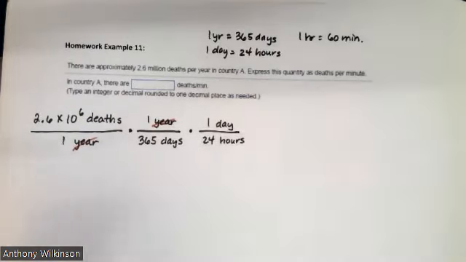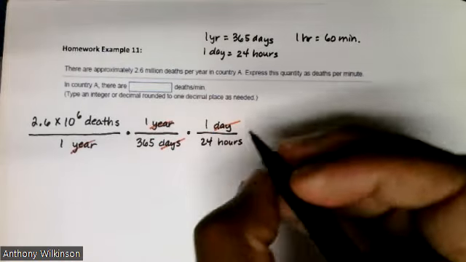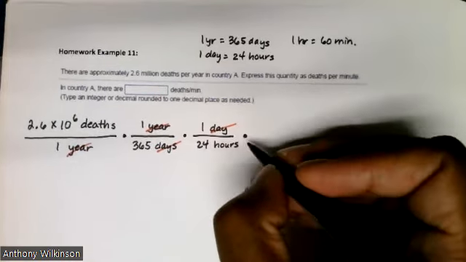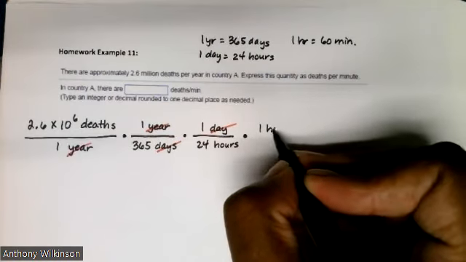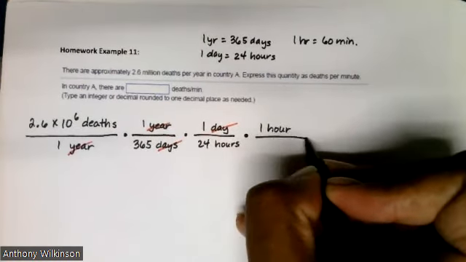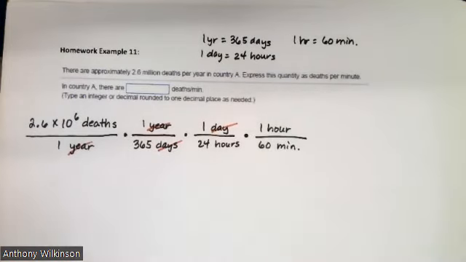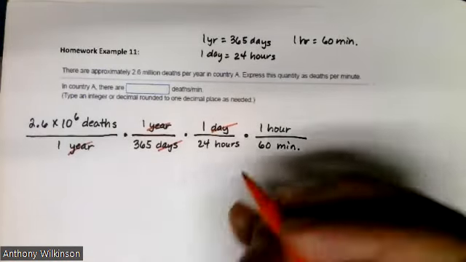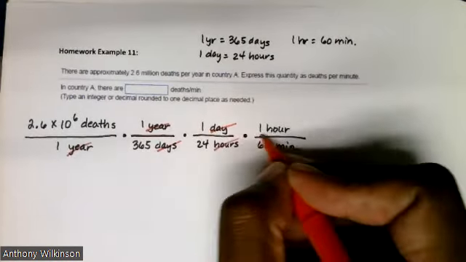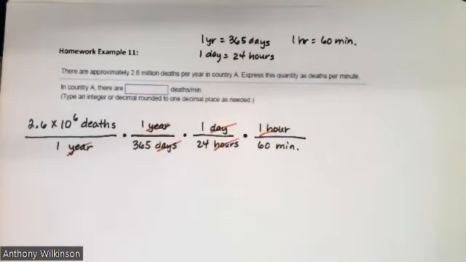The 24 hours has to go in the denominator. That way your days divide out. And then 1 hour is 60 minutes. So the 1 hour goes in the numerator, 60 minutes goes in the denominator. Hours divide out. So that means our final answer there will be in deaths per minute.